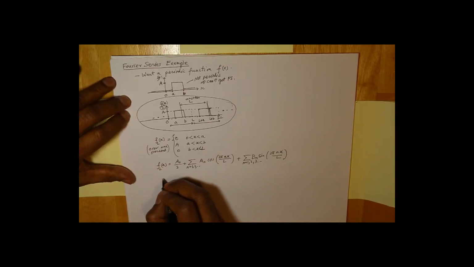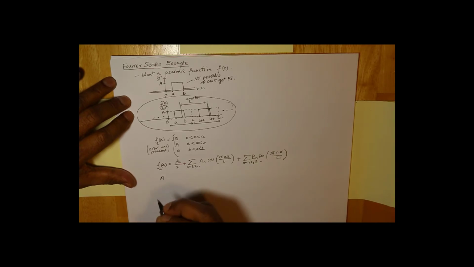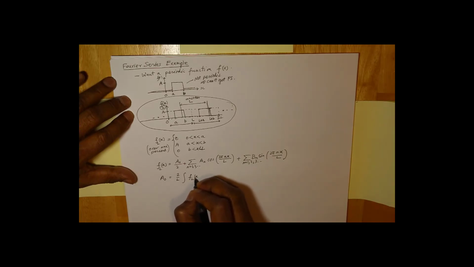Well, we already know the rules for this. a0 is basically 2 over L times the integral of f(x) from 0 to L dx.